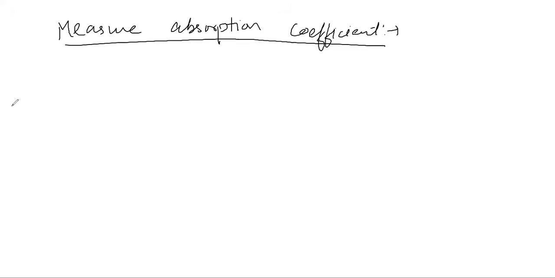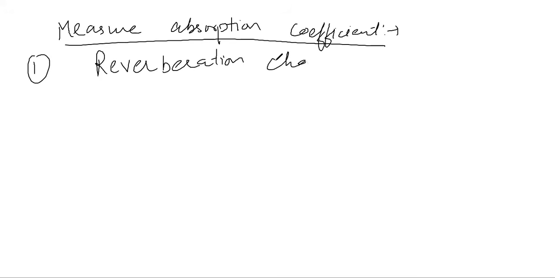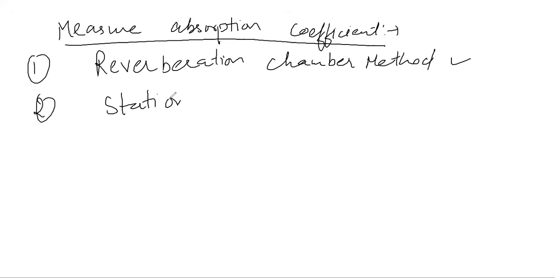So there are two ways to measure absorption coefficient. One is the reverberation chamber method, and the second is the stationary wave method. We'll just talk about the reverberation chamber method. That's the only part of your syllabus.